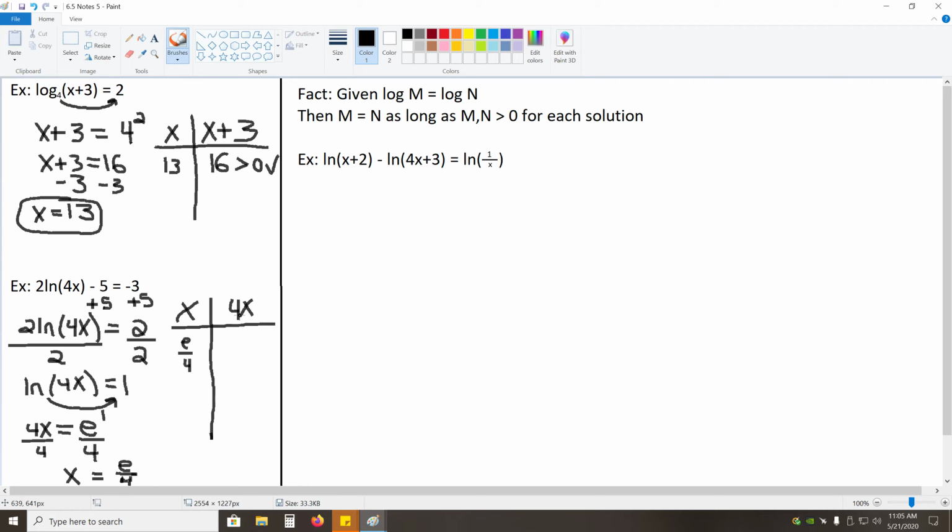When we plug this into 4x, 4 times e over 4 is just e. And remember, e is approximately 2.7. That is greater than 0, so it does work out. X equals e over 4 is our solution.